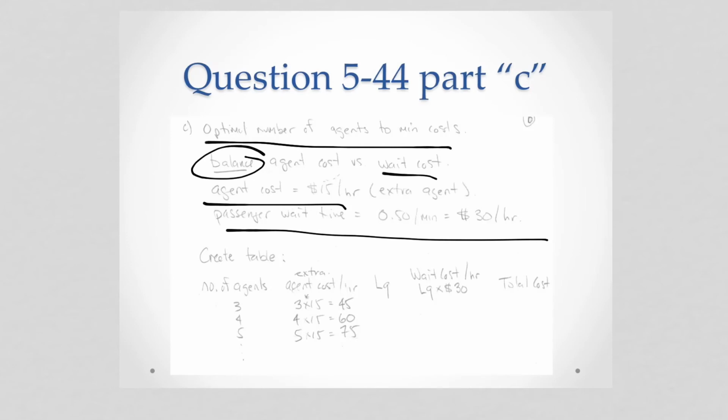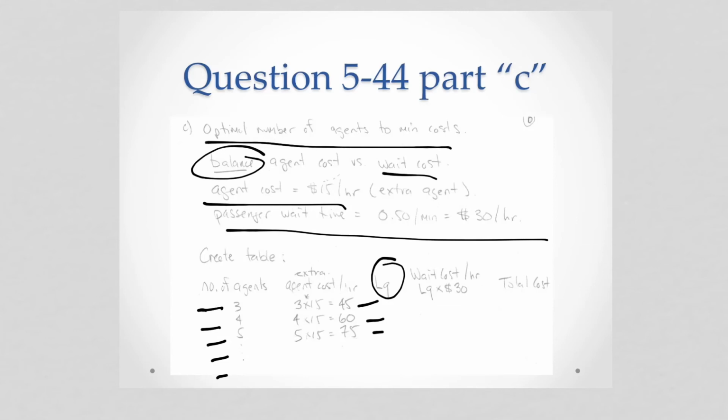So we're going to do a little analysis. If we have 3 agents, 4 agents, 5 agents, 6 agents, 7 agents, and so on, what's the right number of agents to come up with the lowest total cost? As we said, 3 agents is 45, 4 agents is 60, 5 is 75, and so on. We're going to calculate the LQ, given whether we have 3, 4, 5, or more agents.